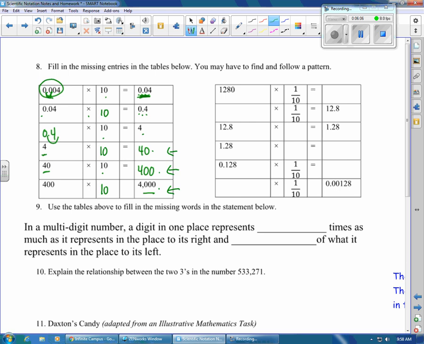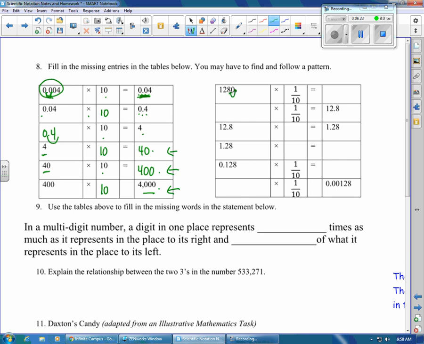Now, if we're multiplying by 1/10, that's the same thing as dividing by a power of 10. We can multiply by 1/10 or divide by a power of 10, and what we're doing here is we're moving the decimal in the opposite direction.